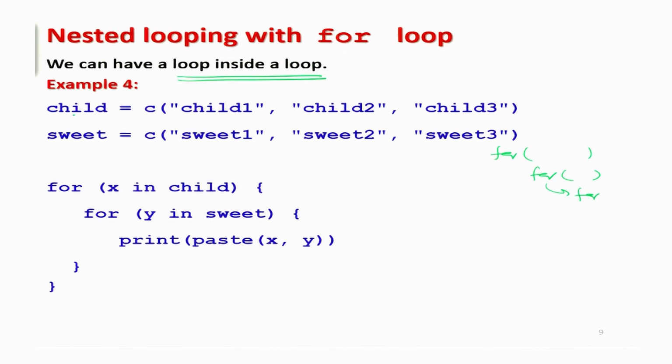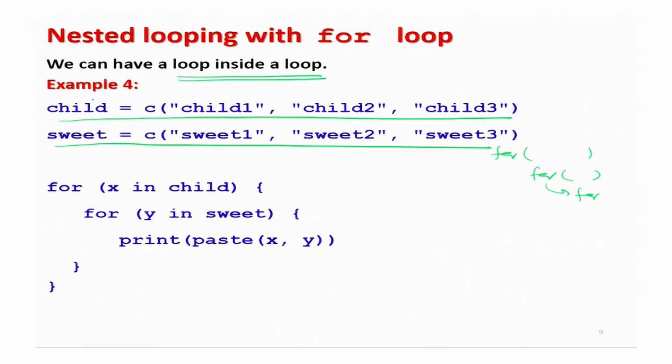Suppose I take two data vectors, one is child and another is sweet. In the data vector child there are three children, child 1, child 2 and child 3, and suppose for sweet there are 3 sweets, sweet 1, sweet 2 and sweet 3, and I simply want to print the combination of the values in the two data vectors child and sweet.